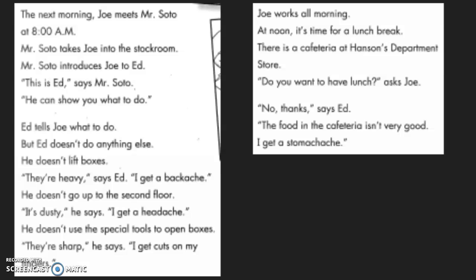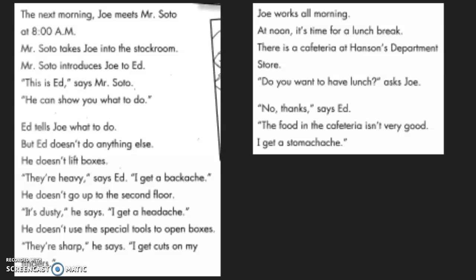The next morning, Joe meets Mr. Soto at 8 o'clock a.m. Mr. Soto takes Joe into the stockroom. Mr. Soto introduces Joe to Ed. "This is Ed," says Mr. Soto. "He can show you what to do." Ed tells Joe what to do, but Ed doesn't do anything else. He doesn't lift boxes. "They're heavy," says Ed. "I get a backache."